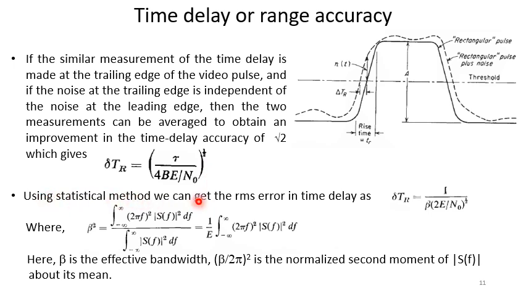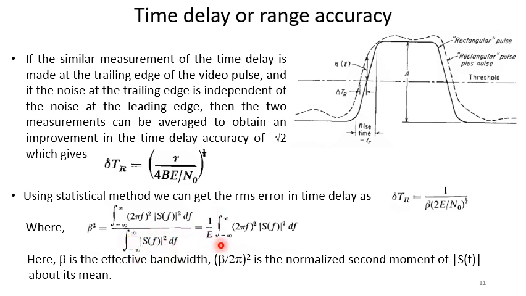Using a statistical method, we can get the RMS error in the time delay as delta TR equal to 1 by beta into twice E by N0 whole to the power half, where beta can be written in this way: beta square equal to integration of 2 pi f whole square, SF mod square df, divided by integration of SF mod square df, that is equal to 1 by E into integration of 2 pi f square mod SF square df, since the denominator is nothing but the signal energy.